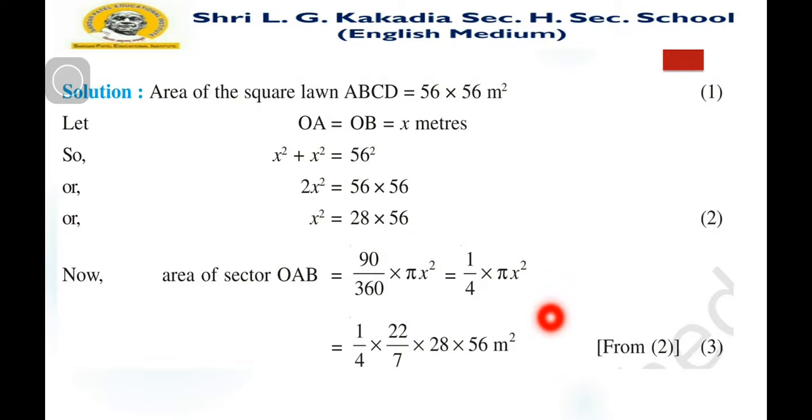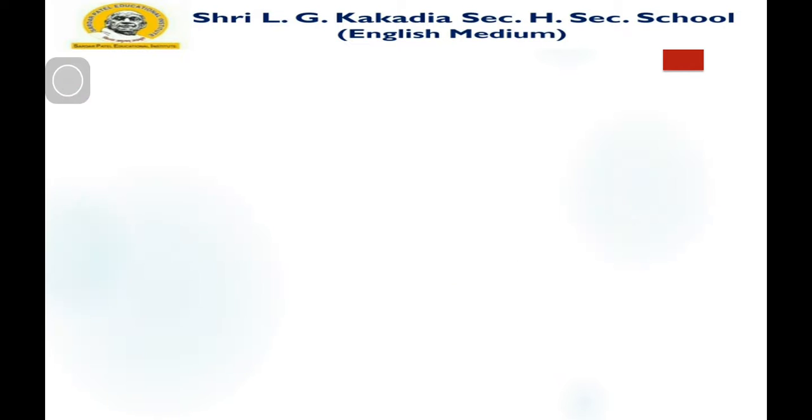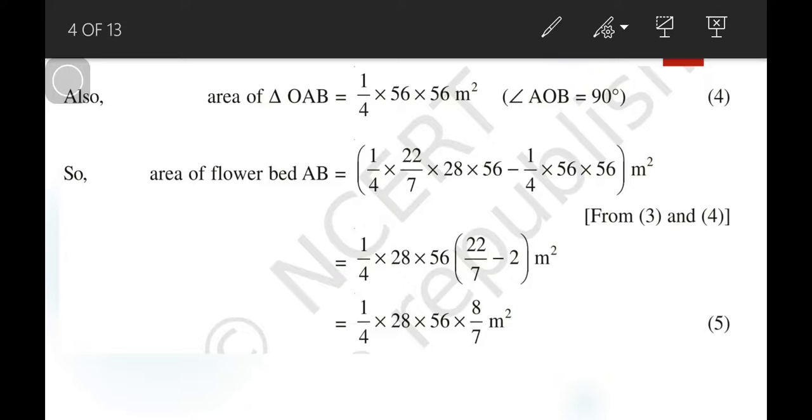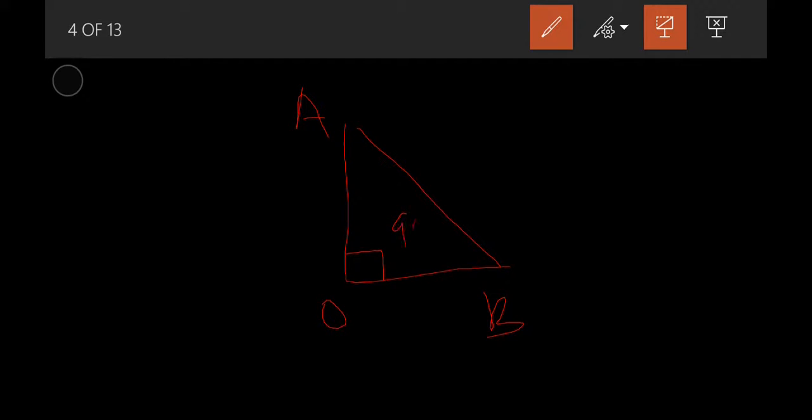Now we have the area of sector OAB. Next we want to find the area of triangle OAB. The angle is 90 degrees and the two sides are equal, each x.